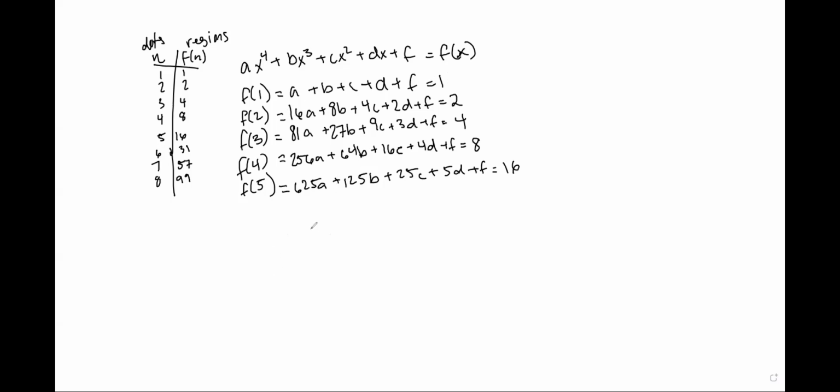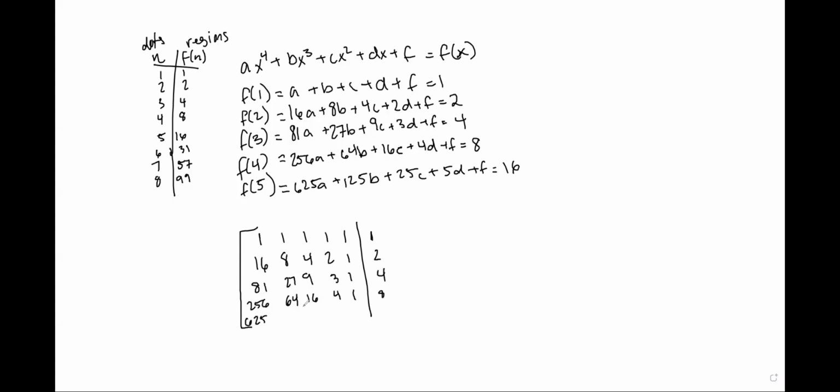For example, that first one would be 1a, 1b, 1c, 1d, 1f. I like to put a line here, and that whole thing is equal to 1. The next one will be 16, 8, 4, 2, 1, and it's equal to 2. And so now we have a matrix.